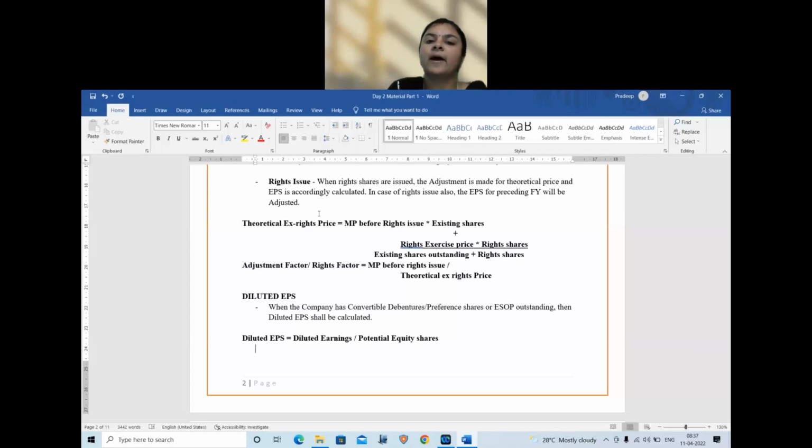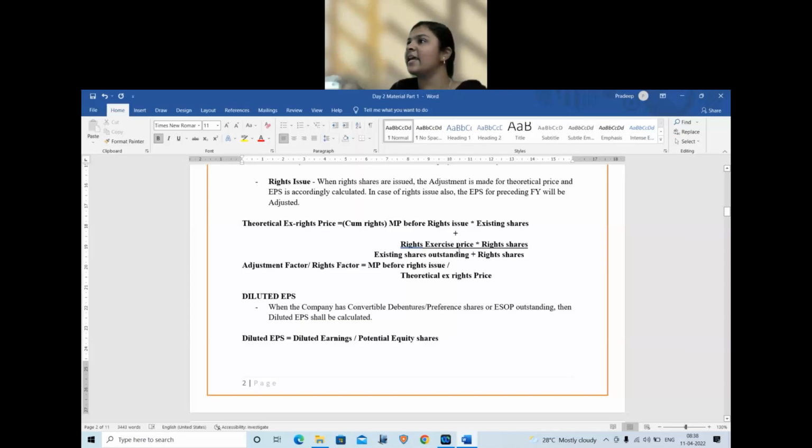So what is the formula? It is market price before the rights issue, which can otherwise be called the cum-rights price, for the existing shares, because the existing shares are already available in the market. So market price before the rights issue into existing shares, plus rights price.